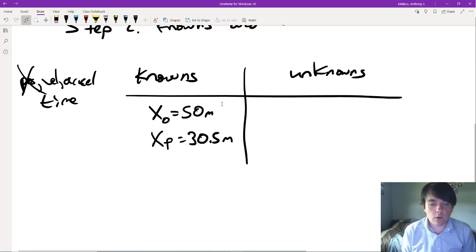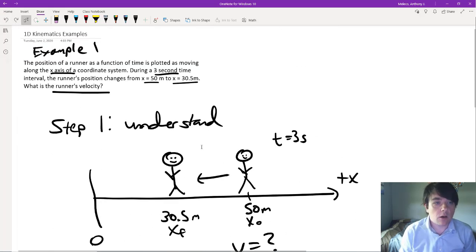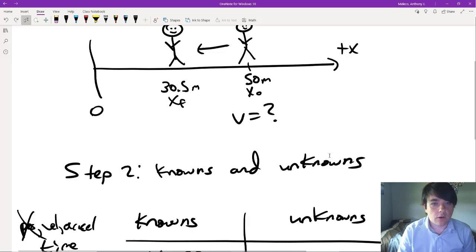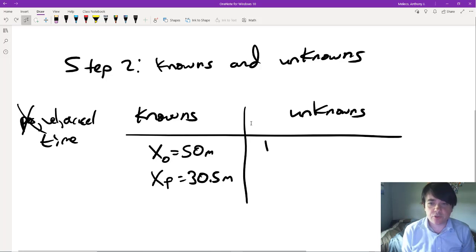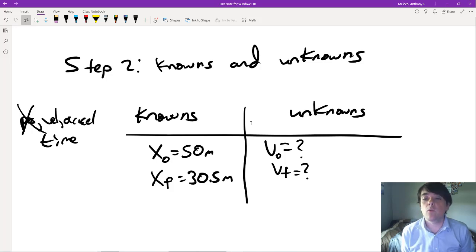Do we know our velocity? Do we know v initial? Do we know v final? We do not. We don't know any of those. We just know there's a position change. We don't know v initial. We don't know v final. We do know, though, that v initial equals v final.